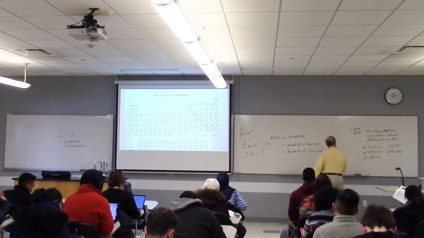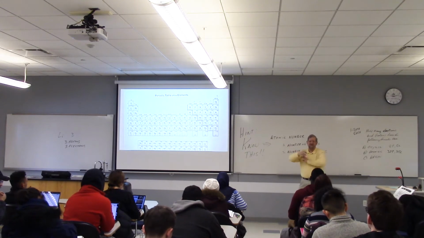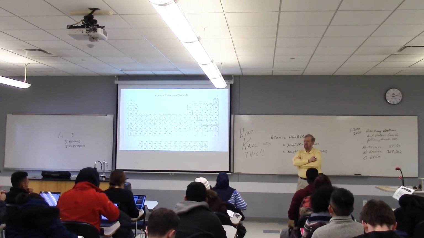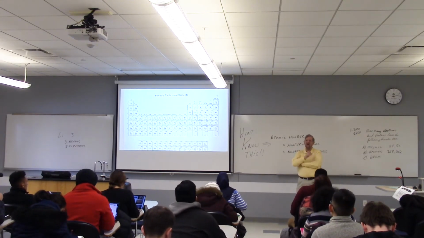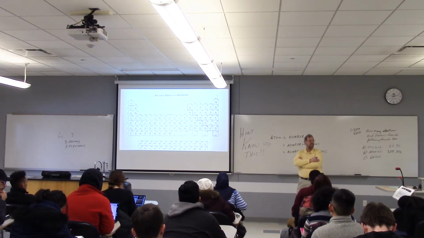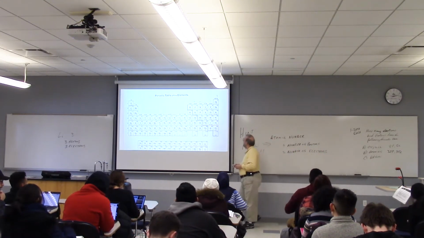Next one. Ooh, one of my favorites, because I worked with it a lot in grad school, argon. How many electrons and protons does argon have? Well, first of all, you got to know the chemical symbol of argon. I'll help you out. Ar. By the way, I don't do that during the test. All right, let's find it. Argon.